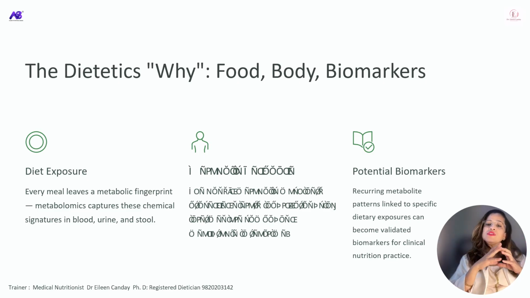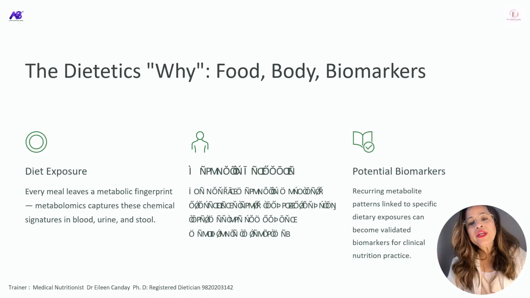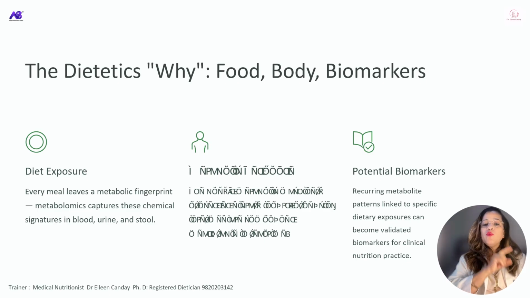Now these biomarkers can be used in clinical nutrition. They bridge the gap between what someone eats and what measurable health outcomes follow. We can now objectively measure the biological impact of diet through metabolomics, moving nutrition from subjective reporting to objective biomarker data.